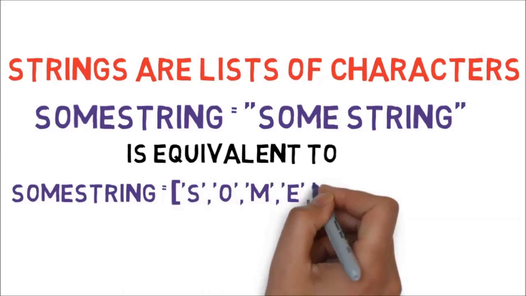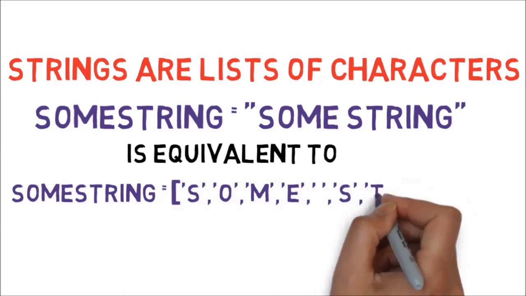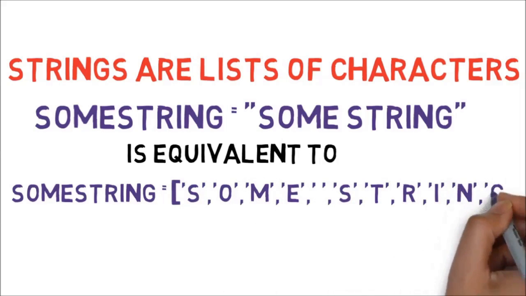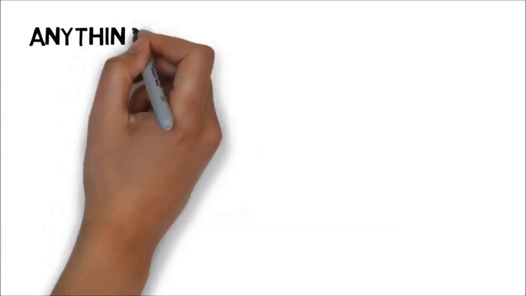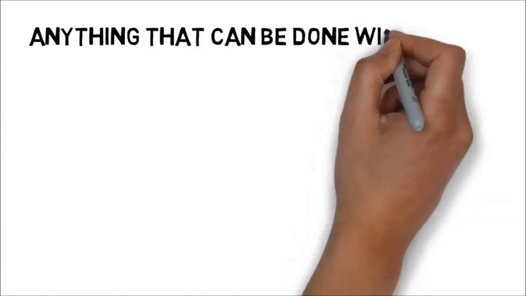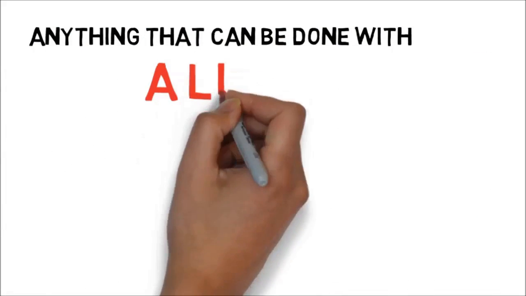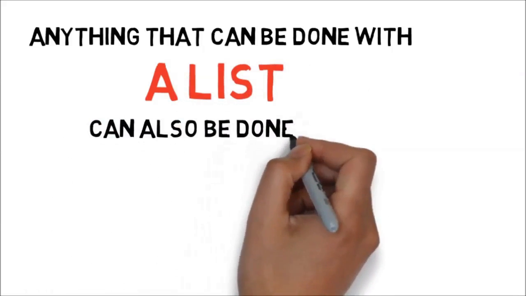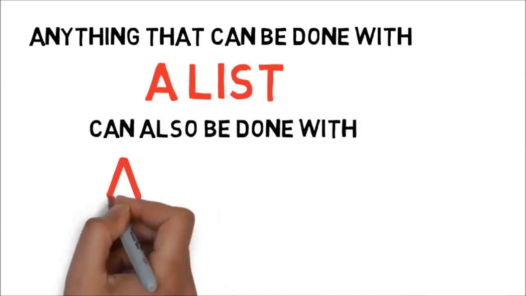It actually means that you can do a lot of the things that we just talked about, refer to specific items in this list or specific characters in the string using the same way that we did it for lists. So all the things like adding an element to a list or iterating through items in a list, all of this can be done with a string as well.